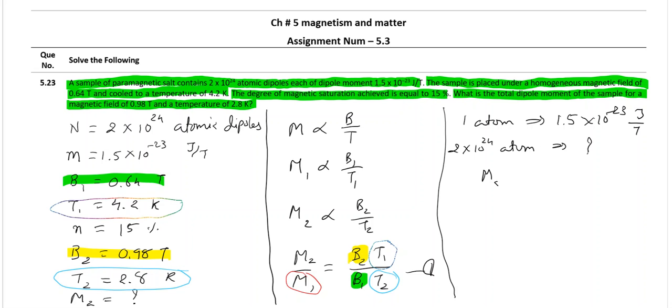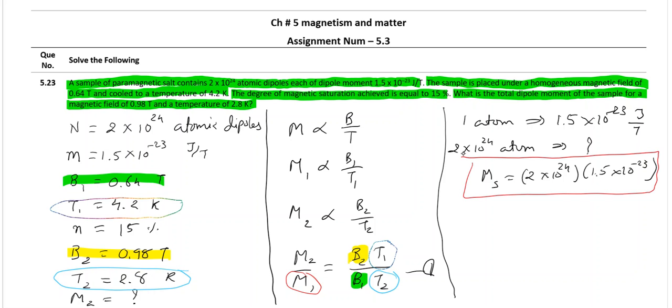So saturation magnetization will be 2 × 10^24 atoms times 1.5 × 10^-23. Now this is the magnetization which we would have attained if all the atomic dipoles were aligned, but that is not the case. Actually 15% only are aligned.